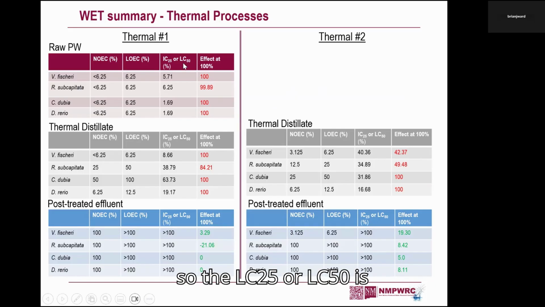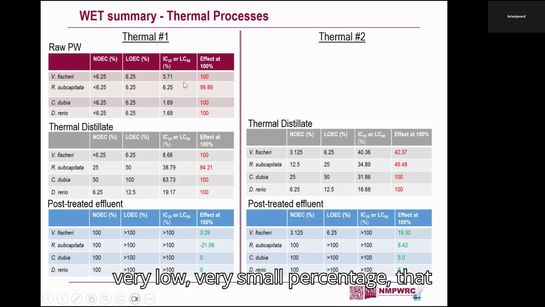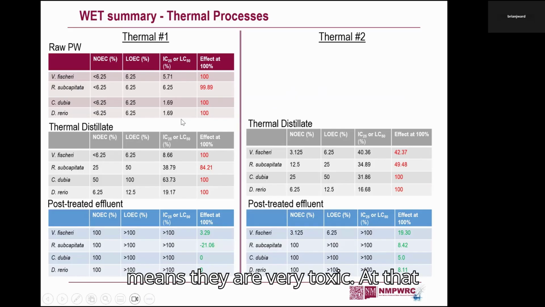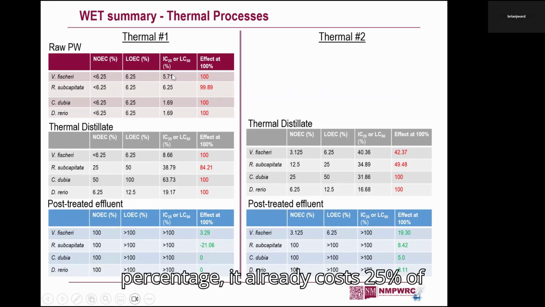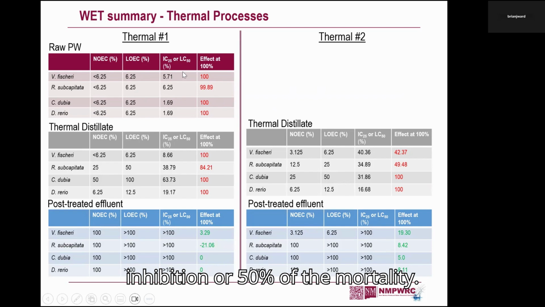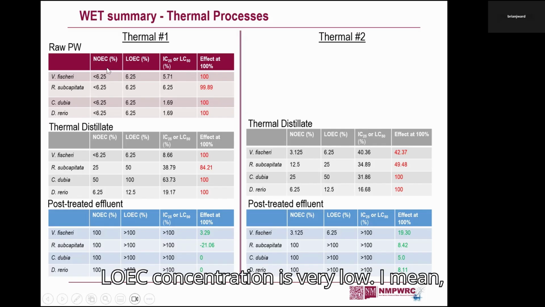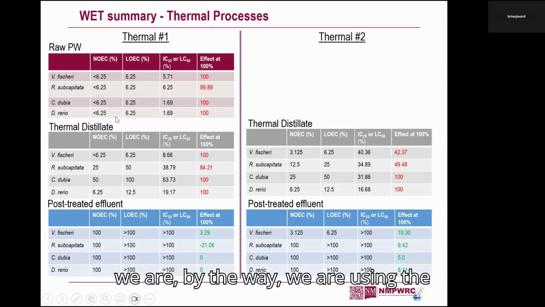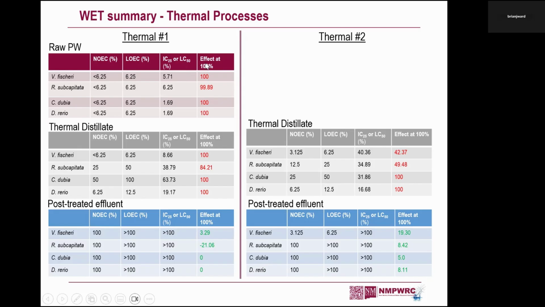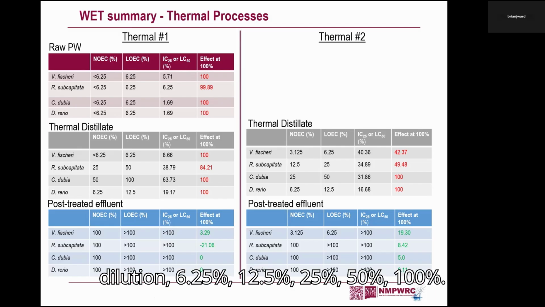The LC25 or LC50 is a very small percentage, which means they are very toxic. At that percentage, it already causes 25% inhibition or 50% mortality, and the LOEC and NOEC concentrations are very low. By the way, we are using the standard dilutions: 6.25%, 12.5%, 25%, 50%, and 100%.